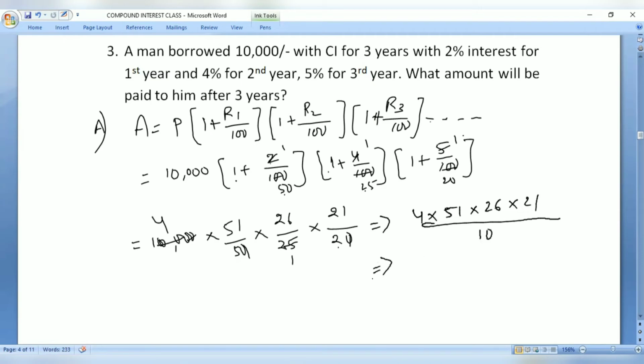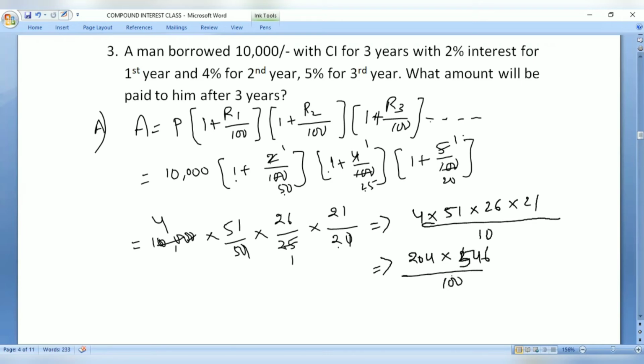So 4 into 51 means 204. 26 into 21, if you calculate 26 twos are 52, then it becomes 546. So this is 204 into 546, divided by 100.